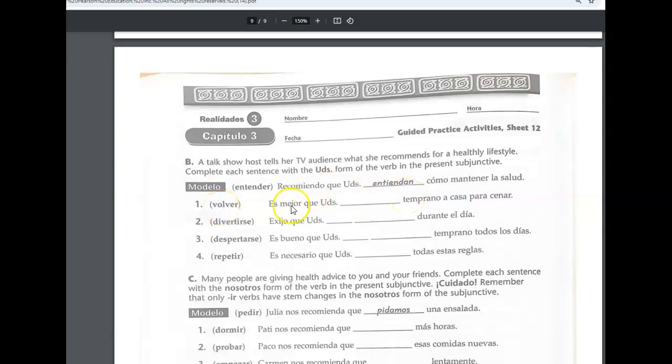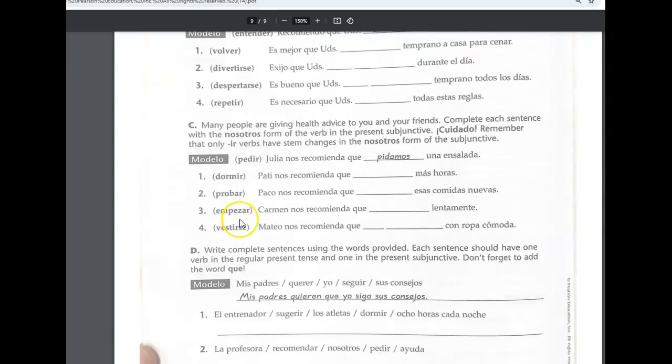Vuelvan temprano. Exijo que ustedes, reflexive verb, se diviertan. D-I-V-I-E-R-T-A-N. Diviertan.